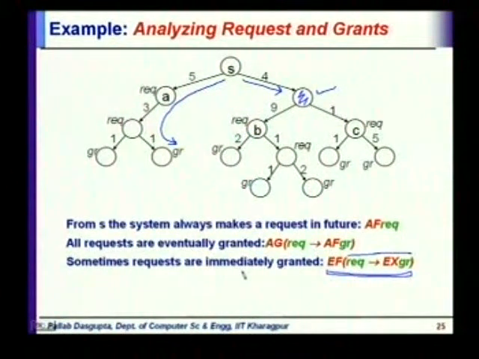So we did not actually check that the request has come. So probably we should have added EF request and EXGR, right? So not the implication here. Probably this should have been the AND. Then you are forcing that there should be some state in the future where request holds, and from then EXGR must hold.